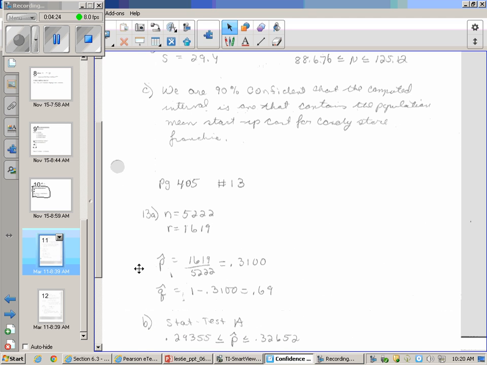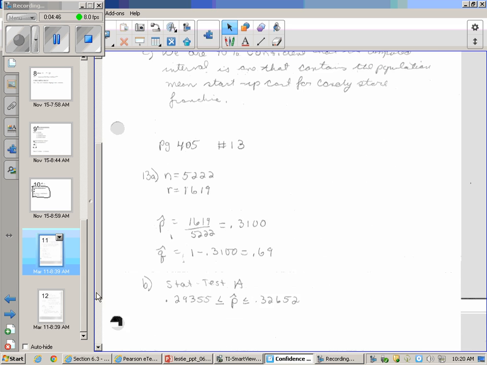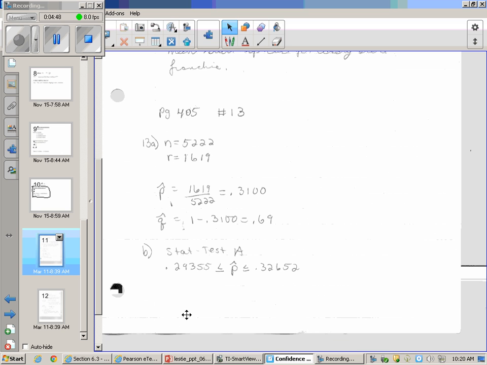So we're going to find the point estimate. It says let p be the proportion of all permanent dwellings on the entire Navajo reservation that are traditional Hogans. Find the point estimate for p. You would do 1619 over 5222 and you get 0.3100. To find the q hat, you just do 1 minus 0.3100.